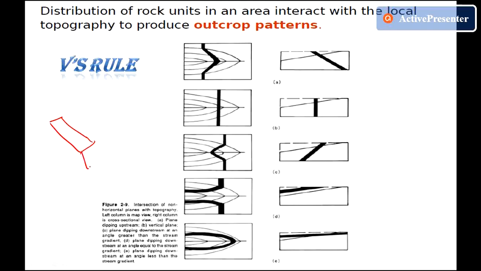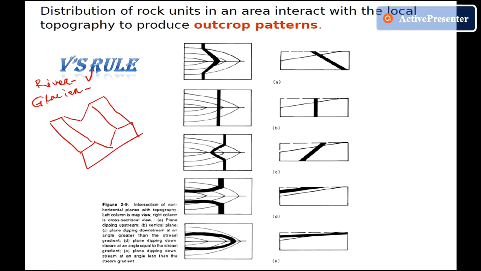Let me show you in block diagram so that you will understand. Right, so this is a river profile, right? River is forming V, we know, and glacier is forming U, right?